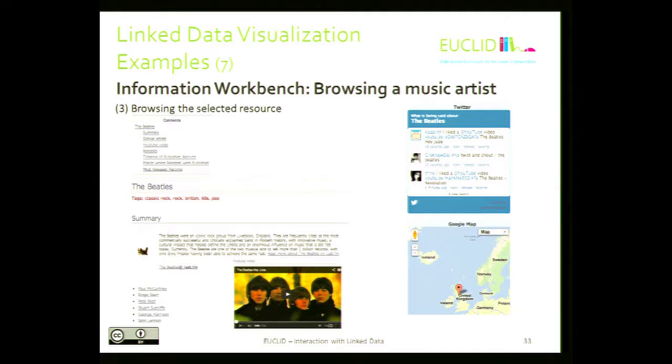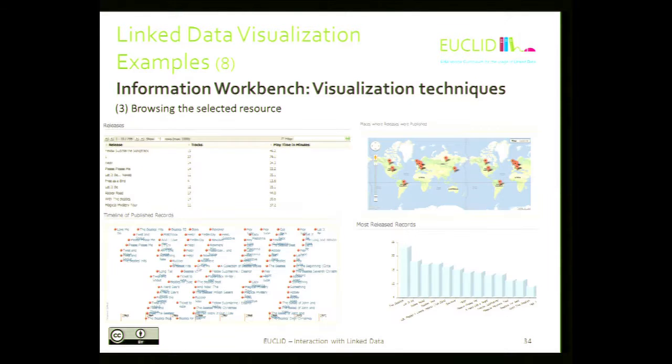So having searched for the Beatles, we go to their page, and basically at the top of the page you see certain mashups with web services. For example, mashups with Twitter, showing information about the Beatles on Twitter, a Google map with their country of origin, a mashup here with Last.fm data, and YouTube here. And going more down towards the bottom of the page, we also have, I would say, real visualizations.